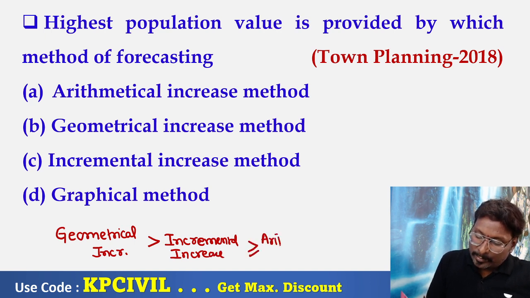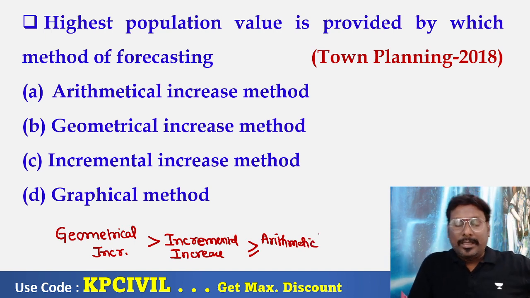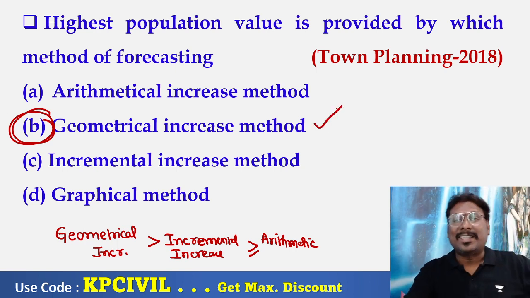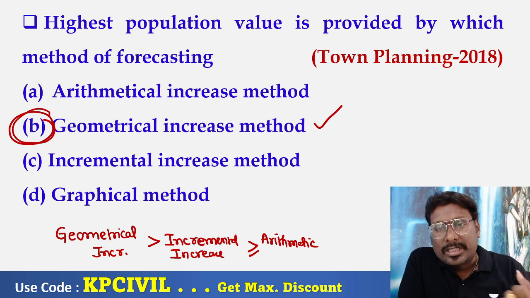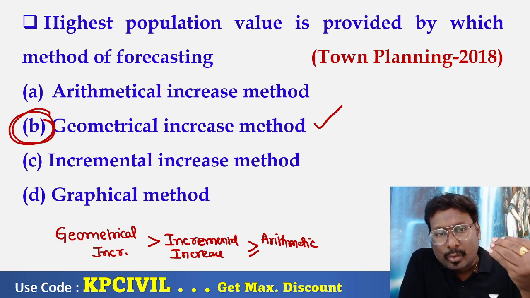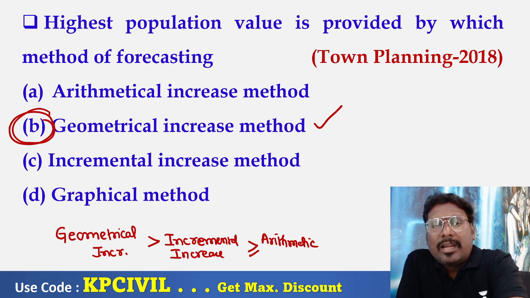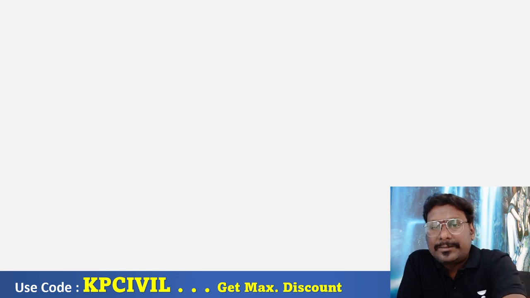Sometimes it may vary if the incremental increase is less, but the highest is always by geometrical increase, no doubt about it. Then next question. These are easy questions if you know the concepts very well, the formulas for arithmetic, geometrical and incremental rate; the questions are always related to them.